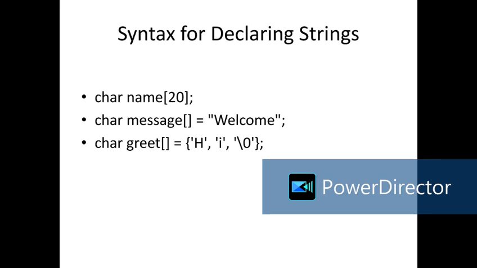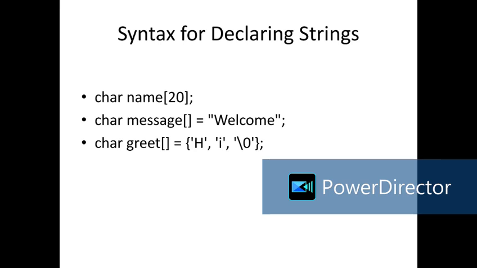Here is another way to do it. char name[20]; char message[] = "welcome"; char greet[] = {'h', 'i', '\0'}; In the first line, name[20] reserves space for 20 characters but does not initialize them. You typically use input functions to fill it later.